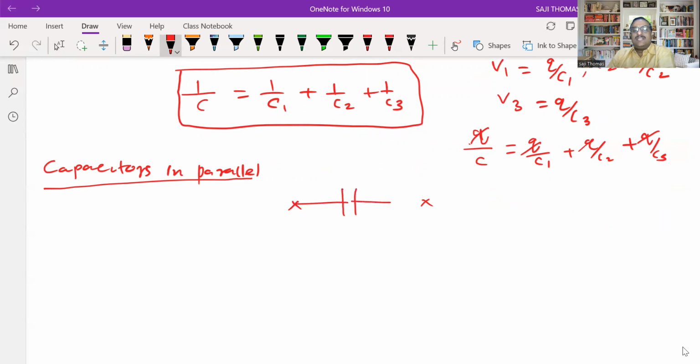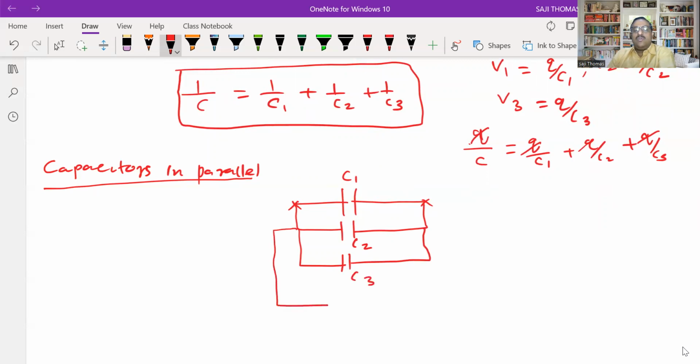This is one capacitor. Here again we are connecting capacitors C2, C3. So these are all connected to a common source of potential difference.